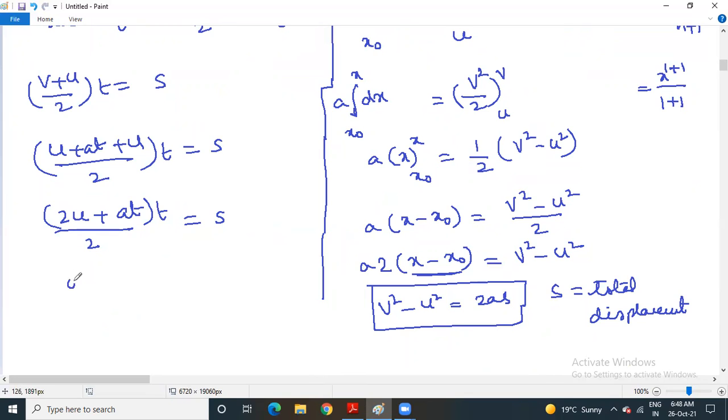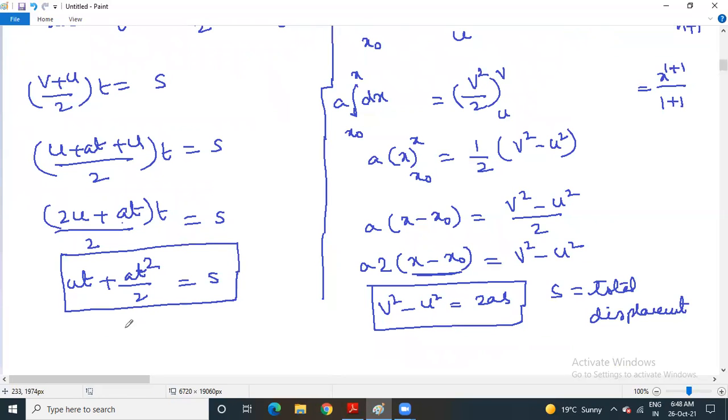After cancellation, you'll finally get 2ut by 2, the 2 gets cancelled, you'll get ut, and at into t, at square by 2, which is equal to displacement. So you can treat this as the general method. Sometimes we treat this as the second equation of motion. This is the second equation of motion.